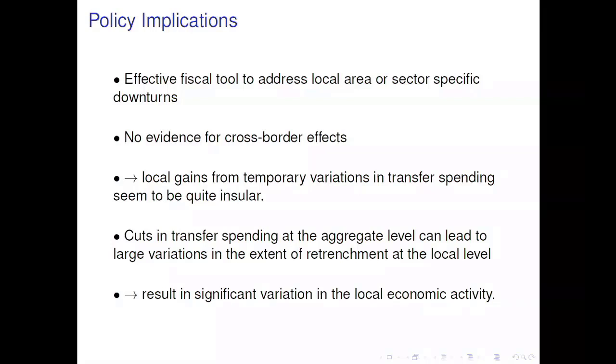Finally, the flip side is that cuts in transfer spending at the aggregate level can lead to large variations in the extent of retrenchment at the local level. That can result in significant variation in local economic activity, which is a serious unintended consequence of cutting down welfare and transfer spending that should be noted as well.